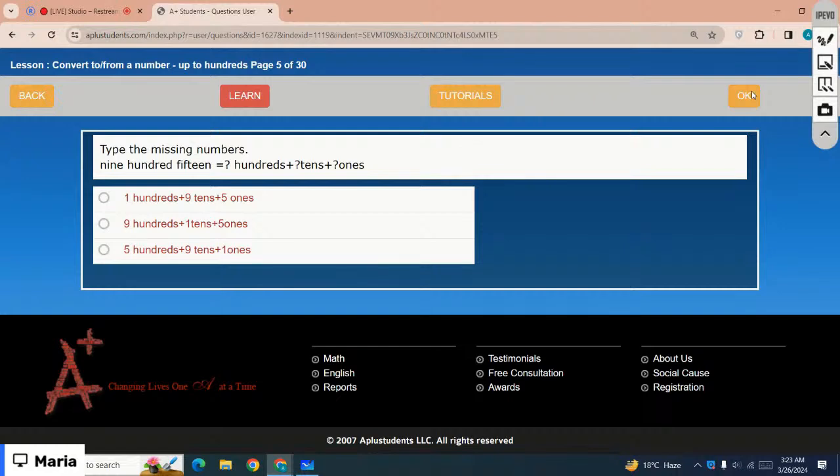Type the missing number. So which is the correct option? 915. Which is the digit at the hundreds position?